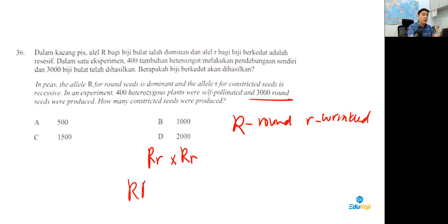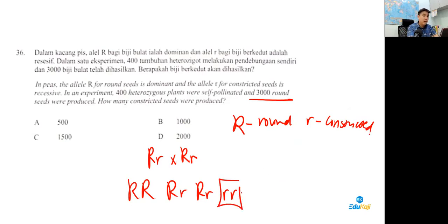So when you cross, you should get this. How many? Oh, constricted. How many constricted seeds are produced? So all you have to do is, constricted is this. Big R is dominant, small r constricted, 400 hetero. Hetero is like this, okay? Hetero, big R, small r, self-pollinated, 3,000 seeds are produced.